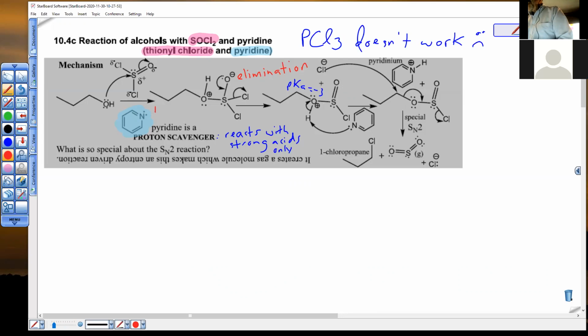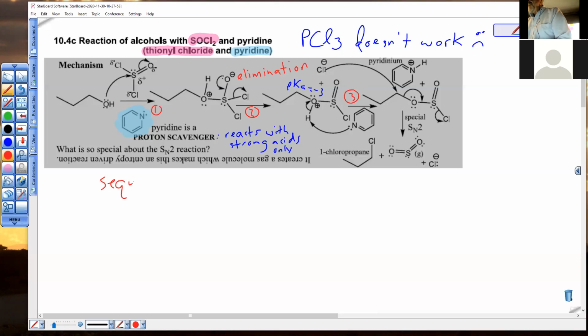And I'm just going to point out something. Number these steps. Sequence, if you go 1, 3, 2 is acceptable as well. I'm not picky. In fact, you'd have a good argument saying acid-base reactions are generally very fast.